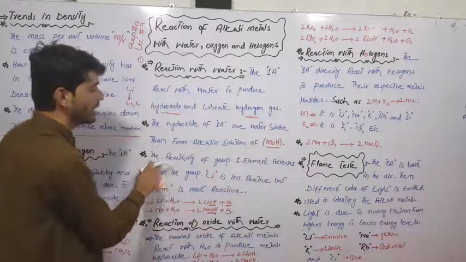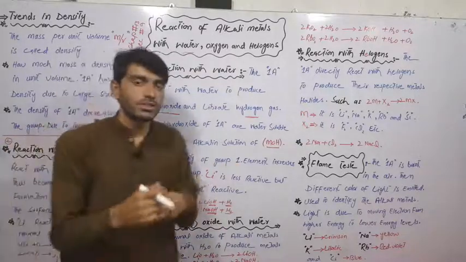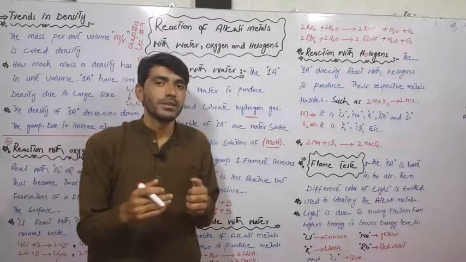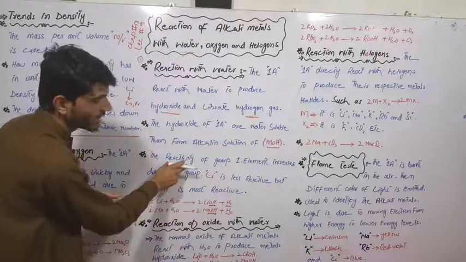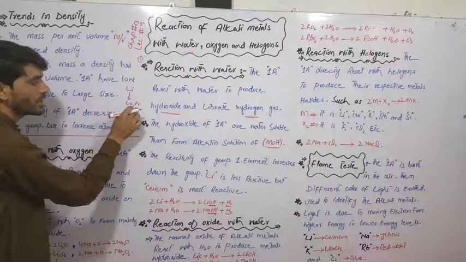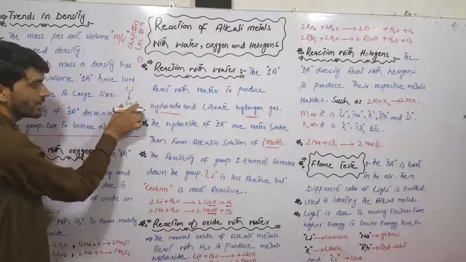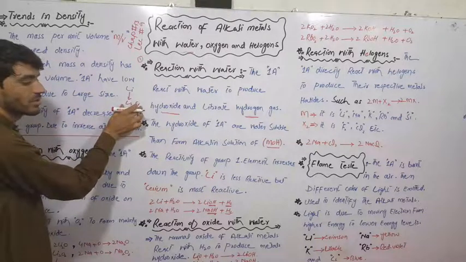Next one, the reactivity of the group first element increases down the group. Whenever we come from lithium to francium or cesium, its reactivity increases. Lithium is less reactive, but cesium or francium is most reactive.